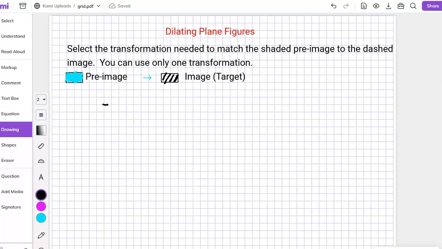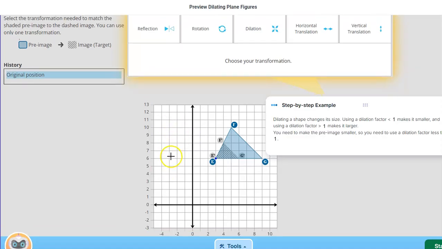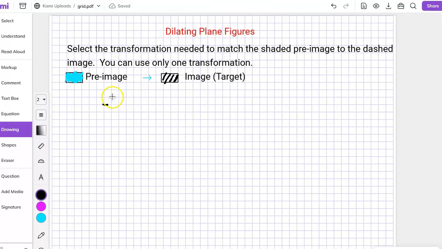So if I look, I need it to go to 10, so I'm going to go to 11. And then I need it to go to 6, so I'm going to go to 5. And I don't need any of this on the negative side because everything's positive. So I'm not going to use this big area. We're going to make ours smaller.